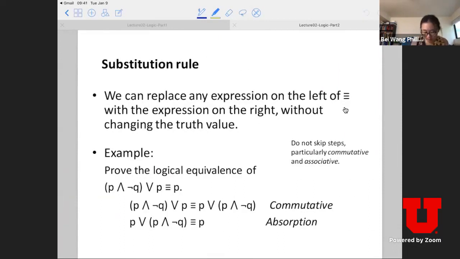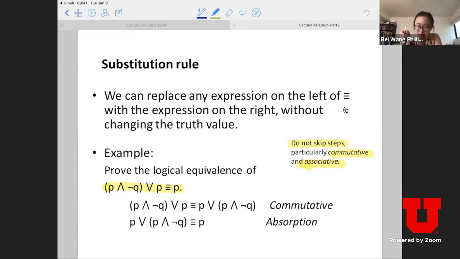I would encourage you to go over this simple example, and we're going to move on to a slightly more complicated one. But the most important part when using the substitution rule is do not skip steps, especially do not forget about the commutative and associative rules. Sometimes we just apply those rules automatically, but then when you actually try to prove things, you're actually skipping a few steps.